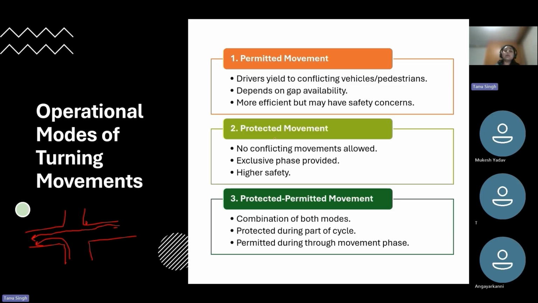This is the first type, the permitted movement. Then there is the protected movement, where no conflicting movements are allowed and an exclusive phase is given for the left movement or for the straight. The third one is, for example, that in the first phase only the straight movement is allowed, whereas in the second part of the cycle both movements are allowed. So this is the combination of both modes. These are the different operational modes of turning movements.